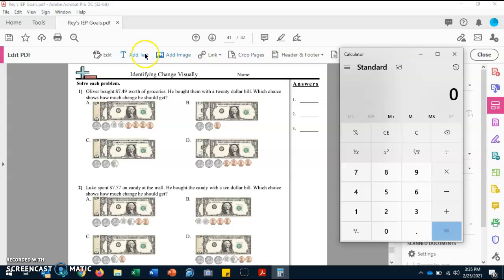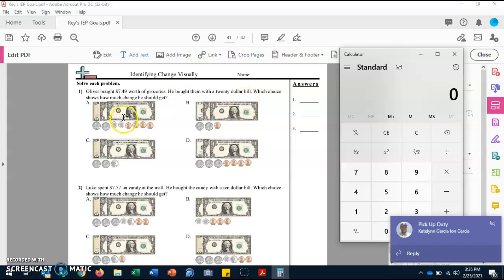And here, they're telling us he bought groceries worth $7.49, and he bought them with a $20 bill. And we need to choose which is the correct appropriate change he should have gotten. So to start off, we need to subtract the amount of money he spent from the amount of money he gave.